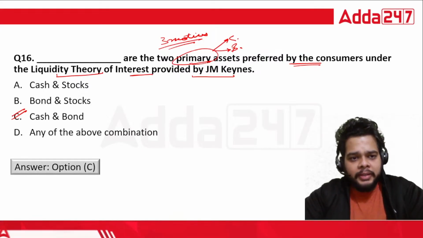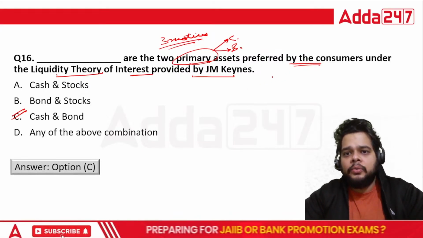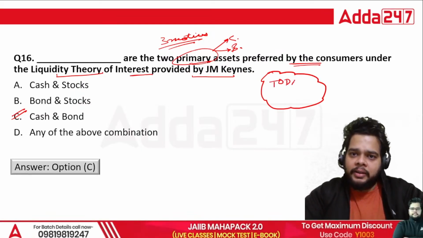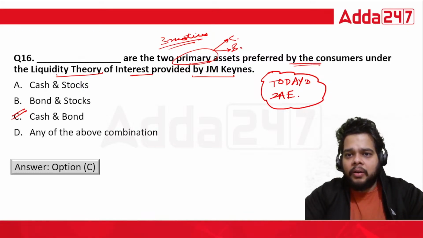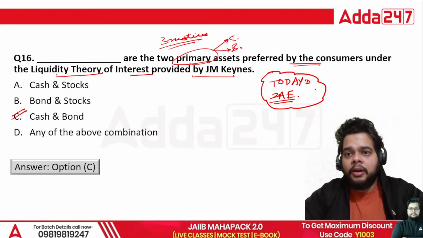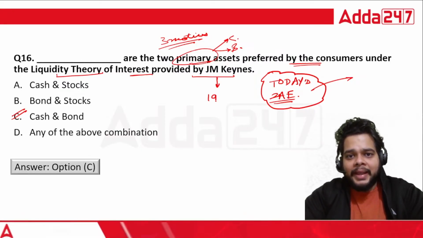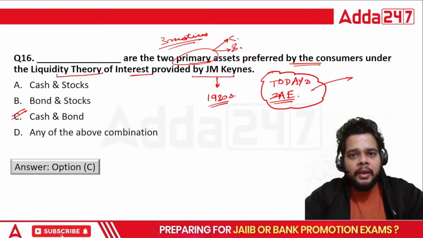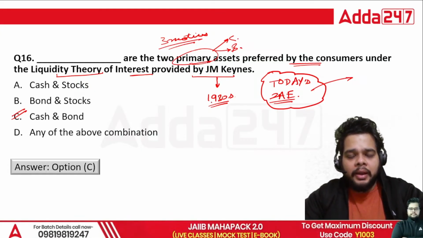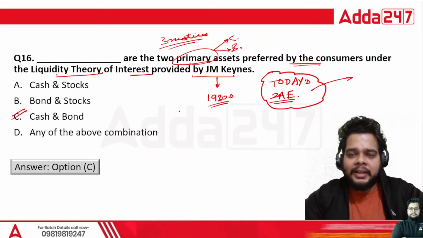Now just think for a second and try to answer this question: whether in today's world also we have a two asset economy or not. Whether the two asset model is being followed by the world today, or there is some change, because this two asset model given by J.M. Keynes was from the 1930s, when his liquidity preference theory was published in the later half of the 1930s.